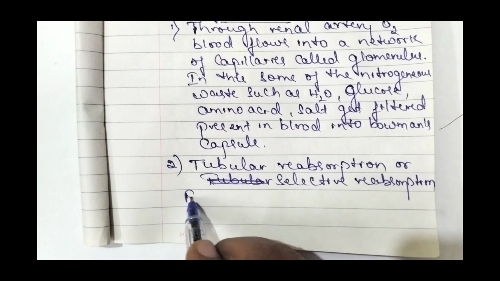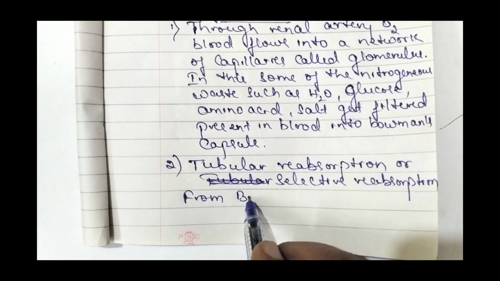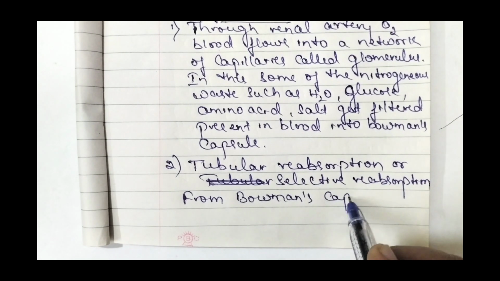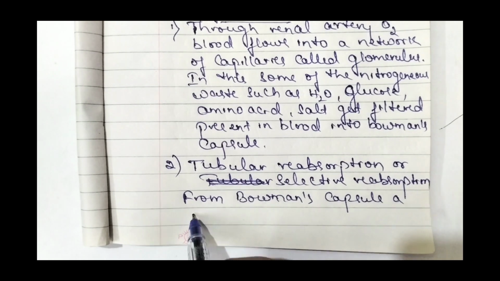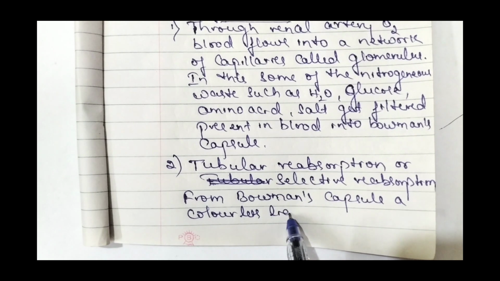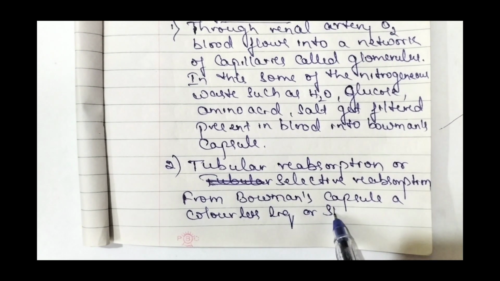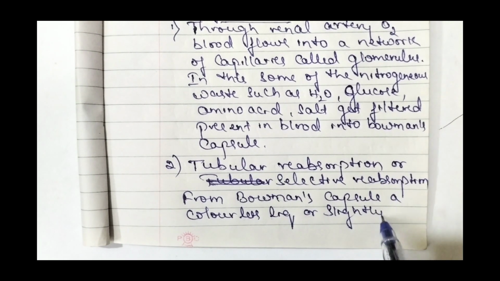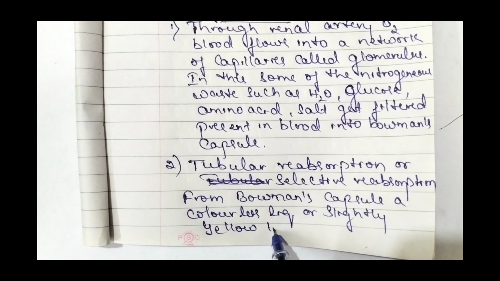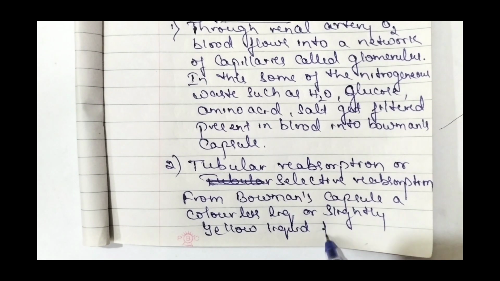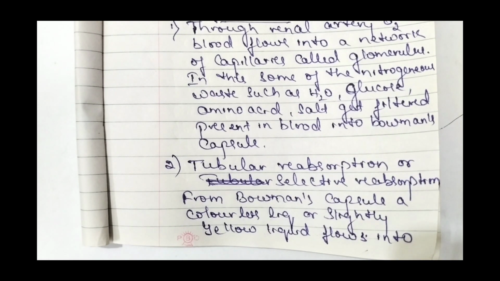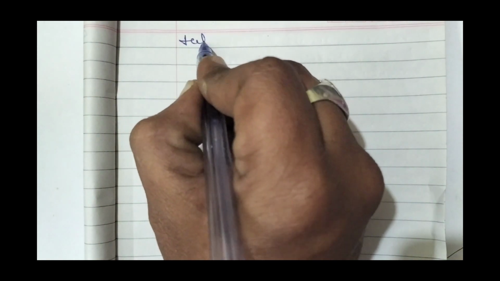Now from Bowman's capsule, a colorless or slightly yellow colored liquid flows into the tubular part.